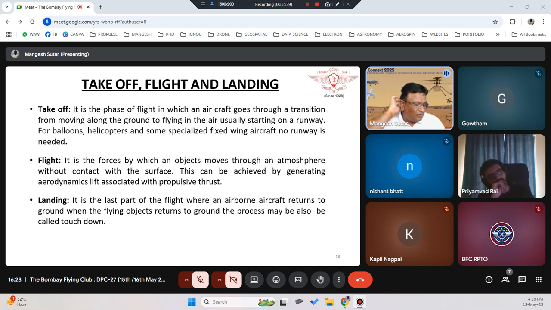Last time there was one student who asked me a question: normally an aeroplane is in descent mode, it is descending and slowing down, whereas how does the drone land? What we are doing is reducing the throttle. Reducing the throttle means we are actually reducing the speed of the propeller. So what happens when we reduce the speed of the propeller?